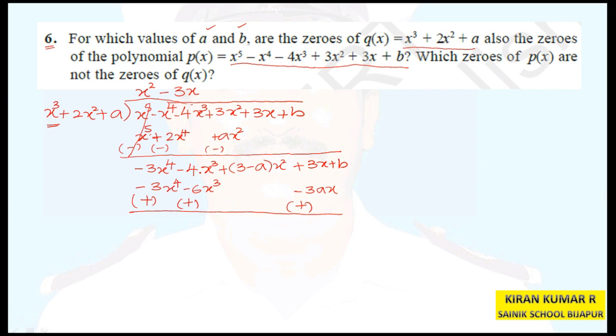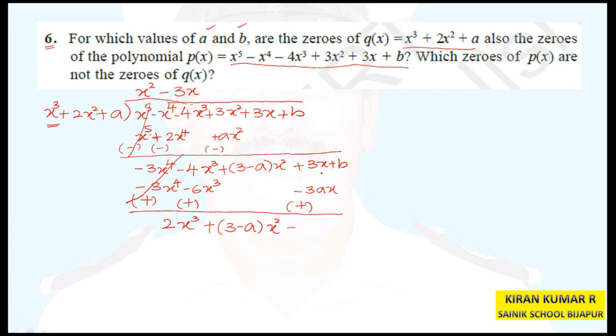Upon adding, the 3x to the power 4 terms get cancelled. We will be having positive 6x cube minus 4x cube. On simplification, it becomes 2 times x cube plus this x square term to carry forward.